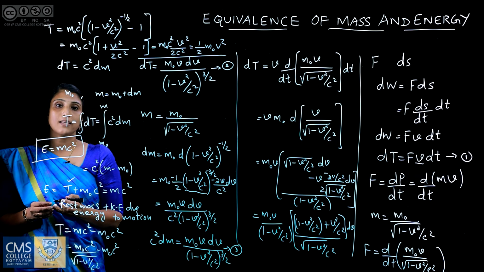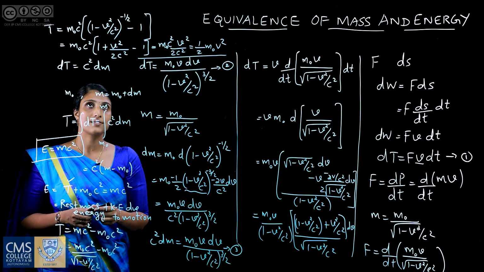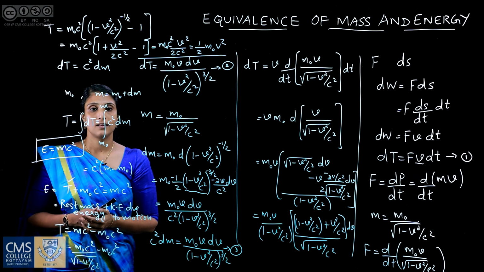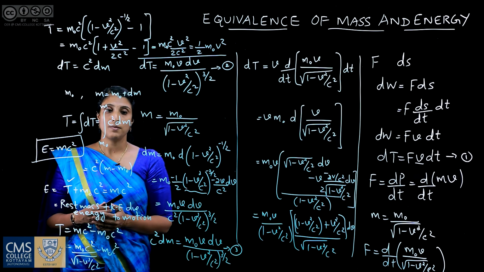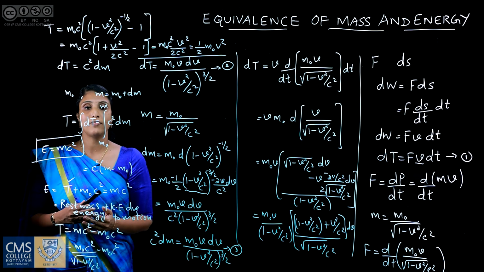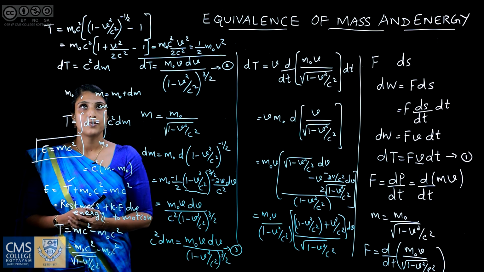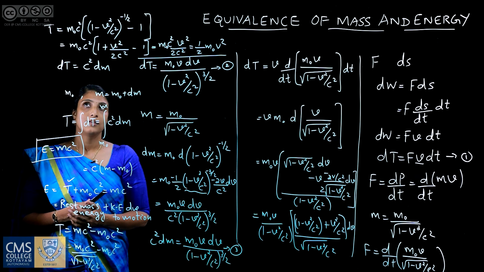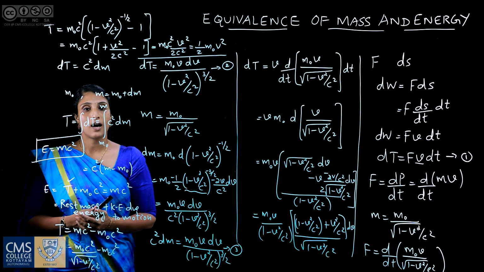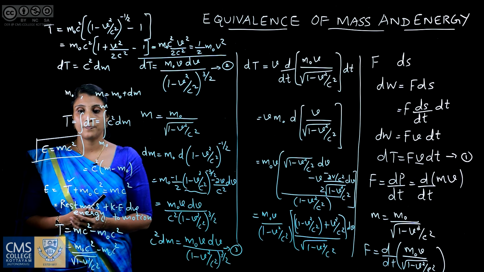That is, the kinetic energy reduces to the classical case if v is very much less than c. v very much less than c means the velocity of the moving particle is very much less than the velocity of light. So, in that case the equation reduces to the classical one, that is half m0 v square.